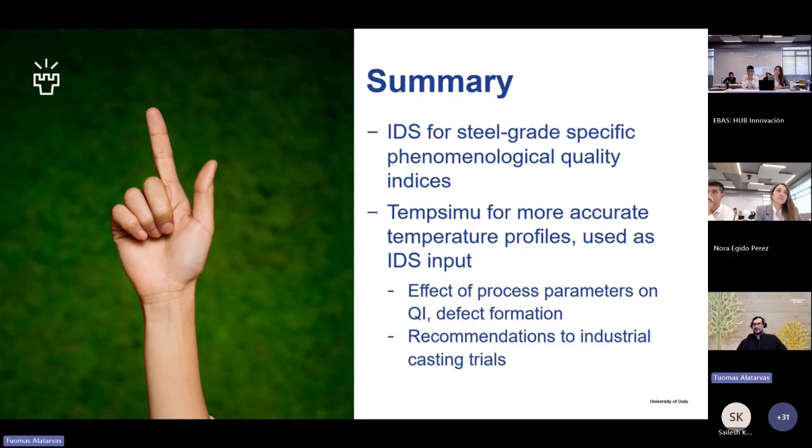These results can be used to estimate the effect of process parameters on the quality indices, and therefore also the defect formation. And there are plans in the Sunshine project to also conduct industrial casting trials, and these simulations will also support those recommendations.